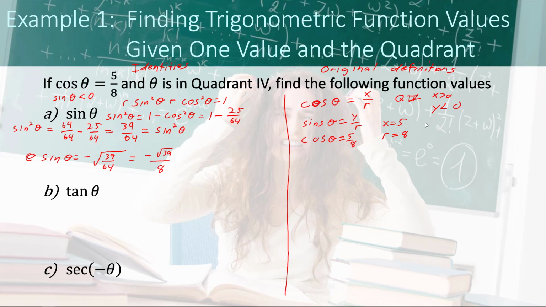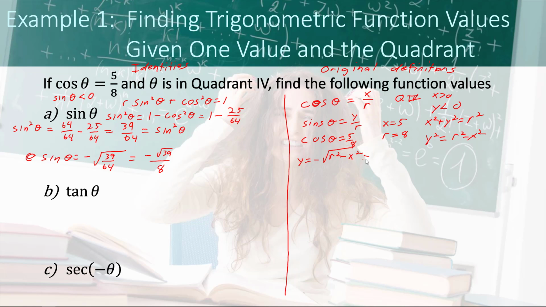Based upon the Pythagorean identity, we have that x squared plus y squared is equal to r squared. So we can rewrite y squared as r squared minus x squared. And then since we're in quadrant 4, y is going to be equal to negative the square root of r squared minus x squared. I forgot the squared over here.